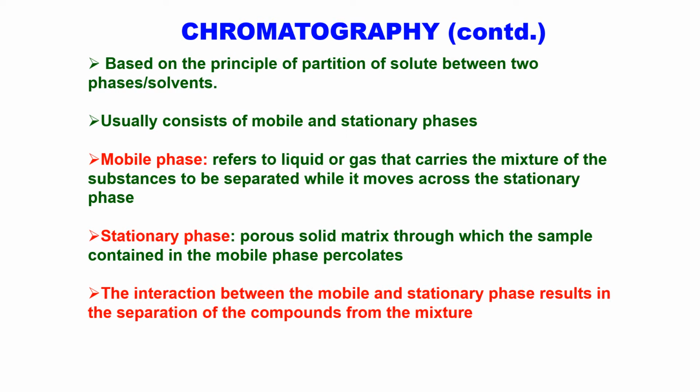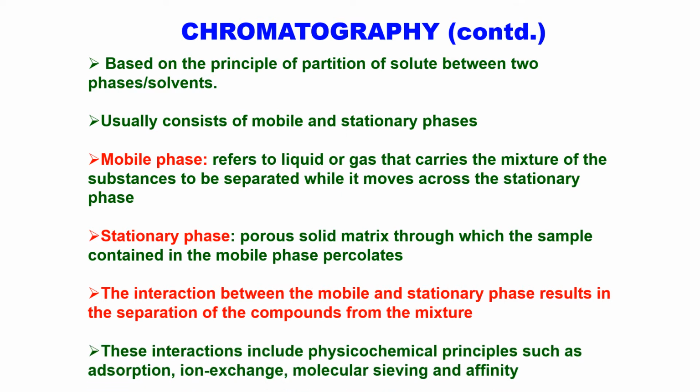So there is a variation in how the molecule will interact with the mobile phase and the stationary phase, and this variation helps separate or identify the particular compound we are interested in.